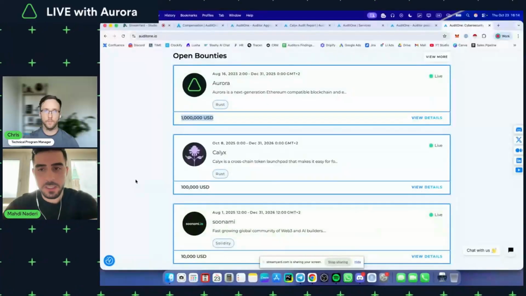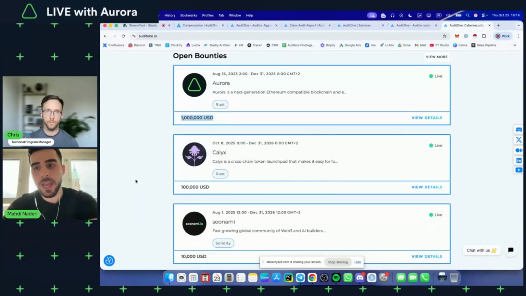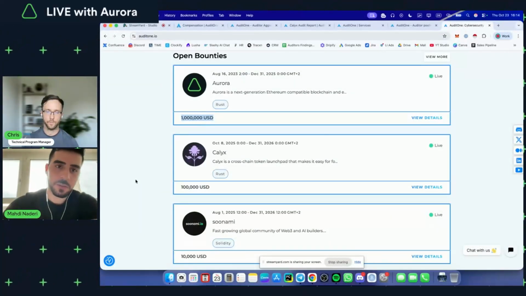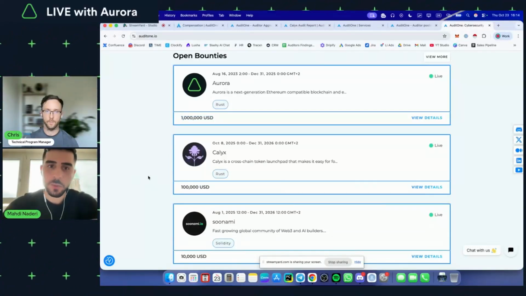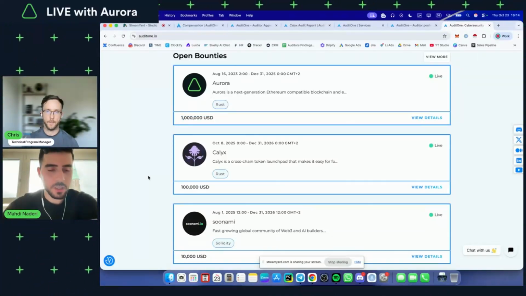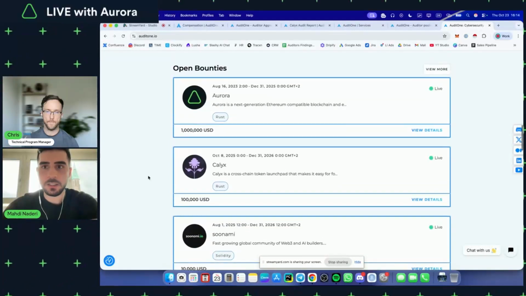But if a project really wants to go above and beyond in terms of security, although these projects have all been audited by us, we also have bug bounties. So they put the code up and they want to pay before something goes wrong. Bug bounty is also a huge part of our business, and we host them.